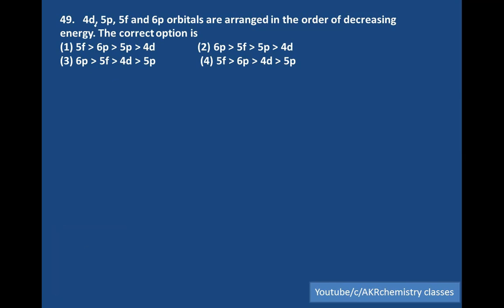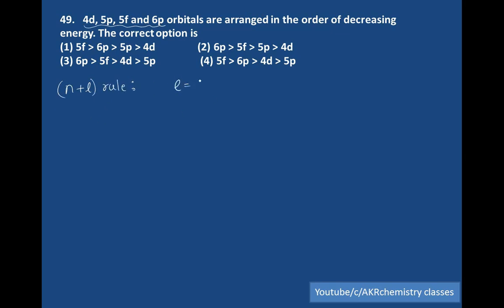The 4d, 5p, 5f and 6p orbitals are arranged in the order of decreasing energy, means higher energy to lower energy. To find out which orbital possesses higher energy and which lower energy, we will use the n plus l rule.